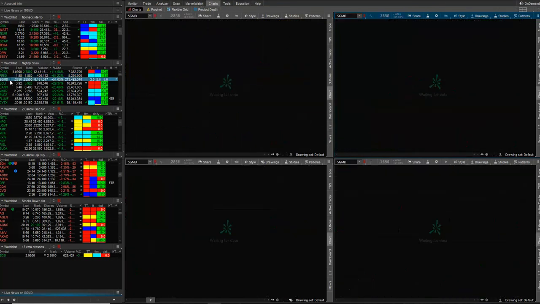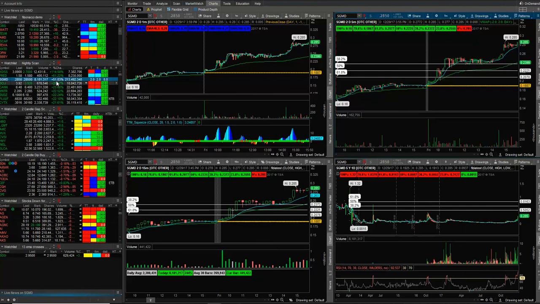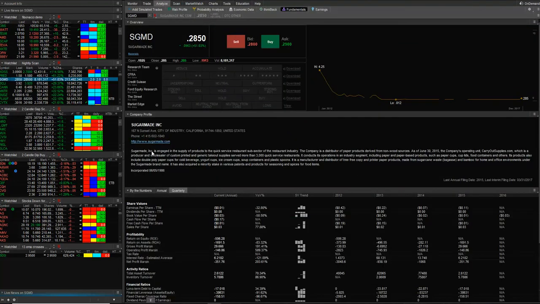Now let's move on. Next, SGMD. This is a stock that had 8 million shares traded. It's a high float, not a low float stock, but SGMD moved 51%. What is this? Subsector restaurants and companies, paper derived from non-wood, producer.